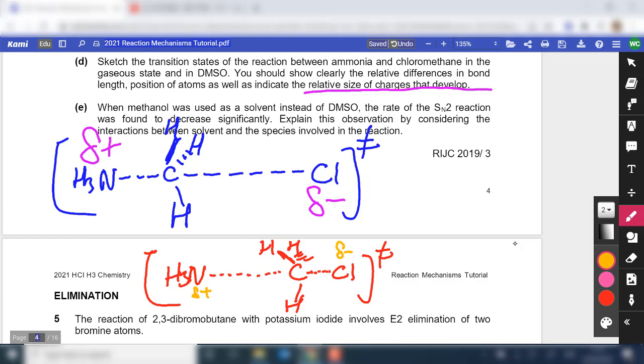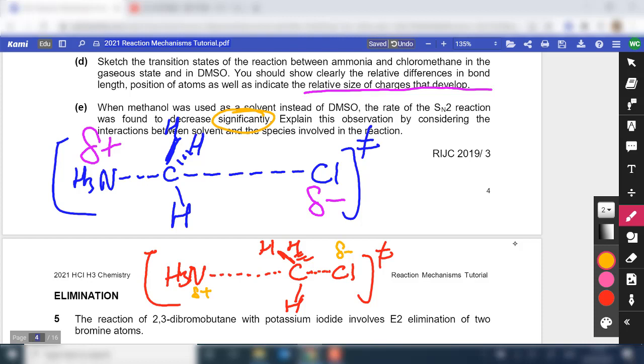And then for the final part, when we are using methanol instead of DMSO, the rate was found to decrease significantly. What do you know about methanol? Methanol is a polar protic solvent that is able to form significant hydrogen bonds, not only with the products but with the nucleophile. In this case, the nucleophile is ammonia.